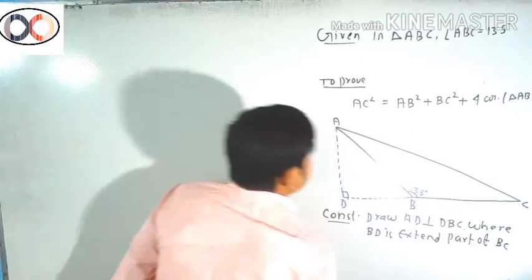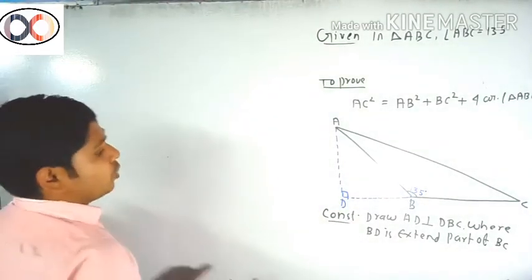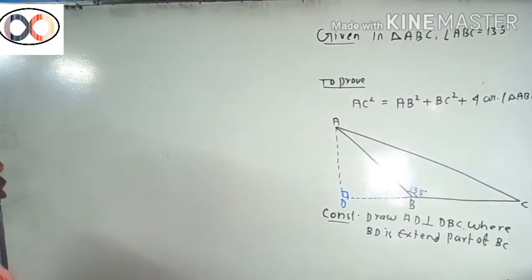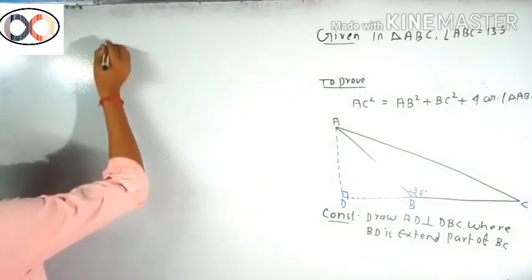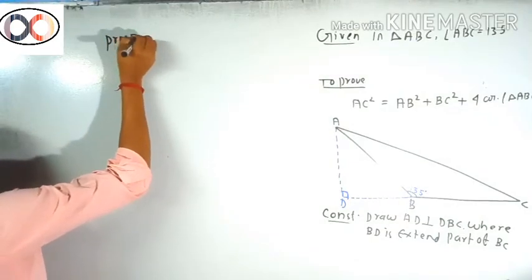This is the part of the construction. So we will proceed with the obtuse angle triangle, the obtuse angle theorem. So this is the proof.